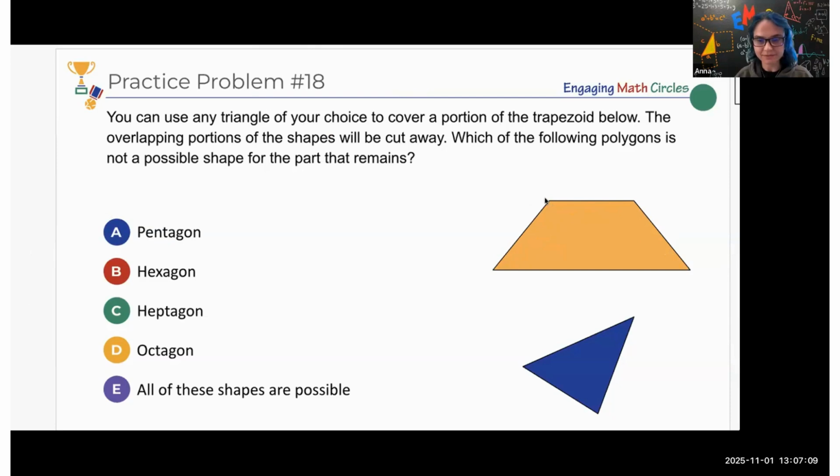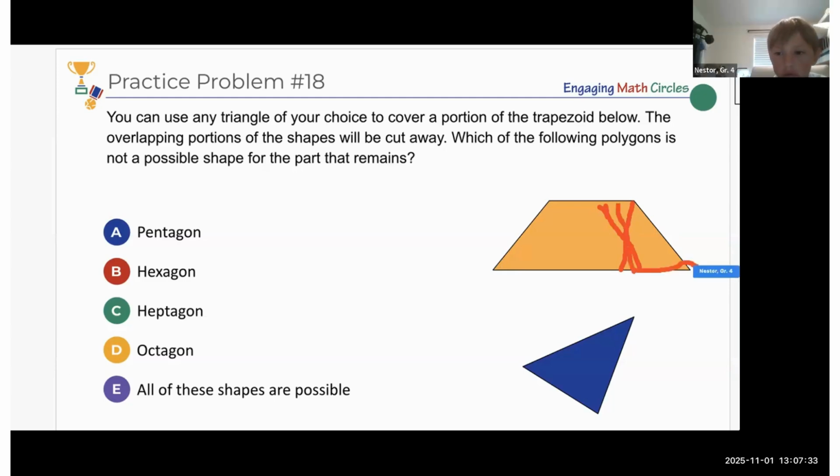We have one triangle like this, and then we have another triangle that will overlap. You erase the overlap, and then you need another triangle like this.